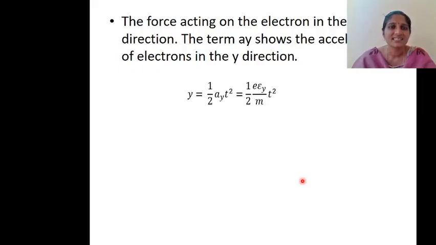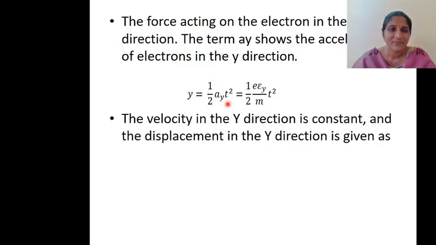Now you got the acceleration, but we know that y is equal to half a t squared, where a is the acceleration and t is the time. As of now you have Ay, but the time you need to find out. You can get it from the x formula. X is equal to velocity into time, so t is equal to x by Vox.